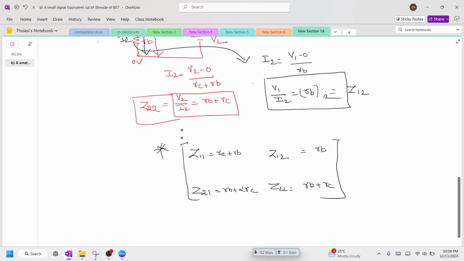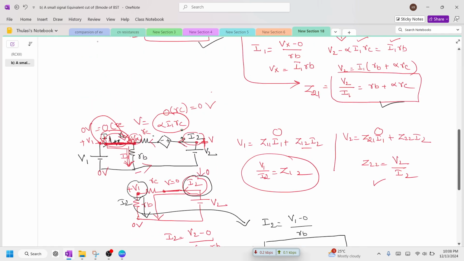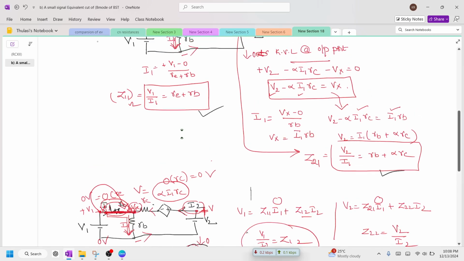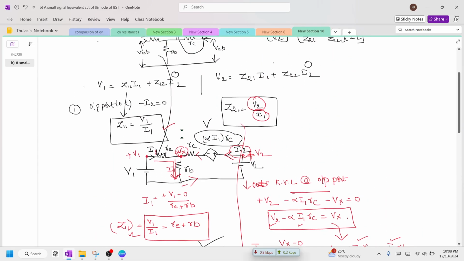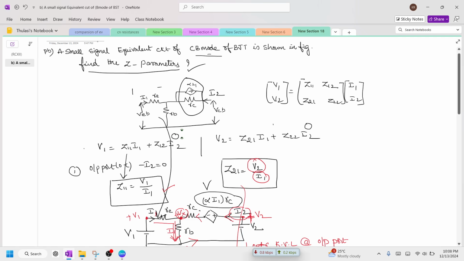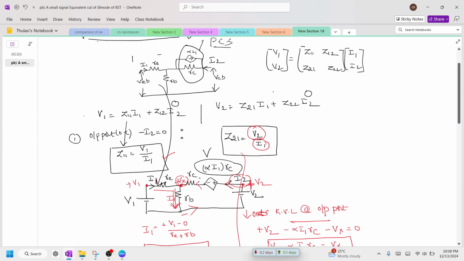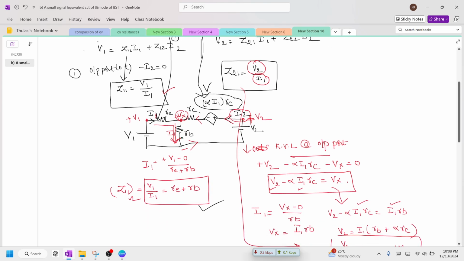If you practice, the things will be very simple. Actually, what is given, what is needed. First you have to see that the given network is this, and this is a practical current source. I converted this practical current source into a voltage source for simplification. I applied the basic rules and expressed this in terms of these two parameters.